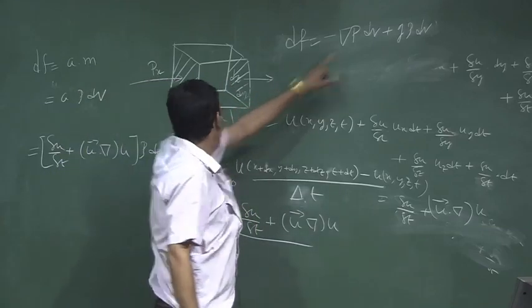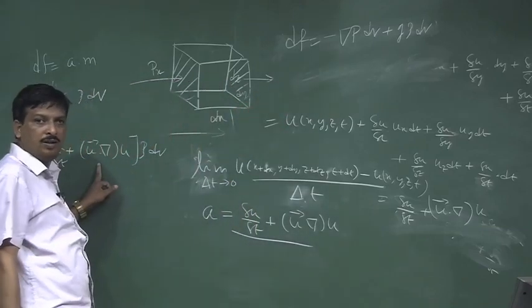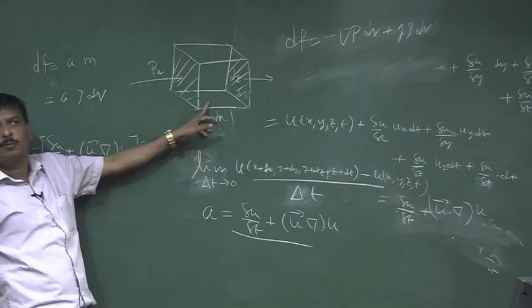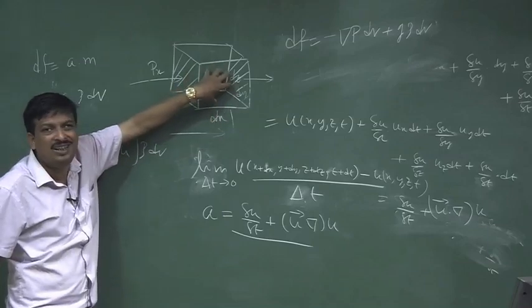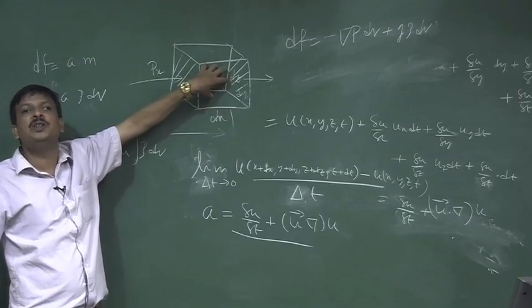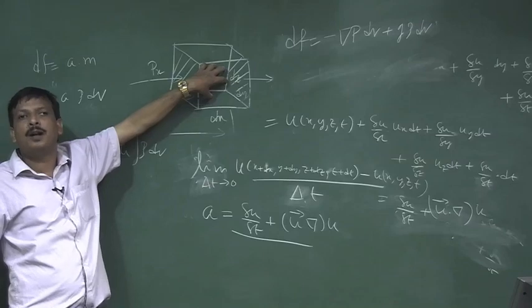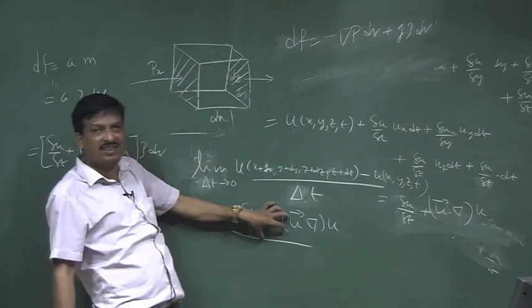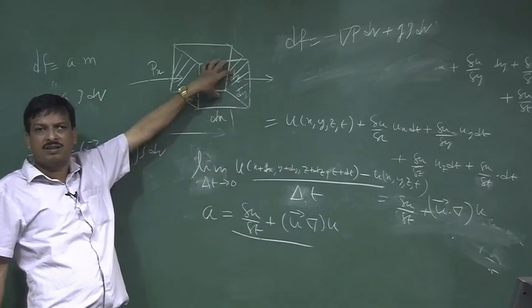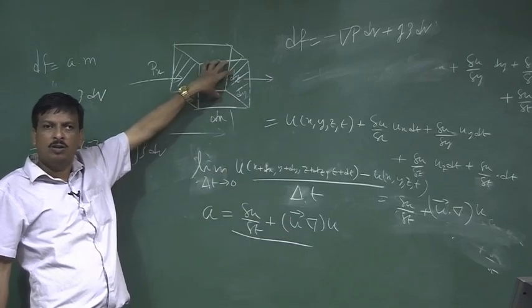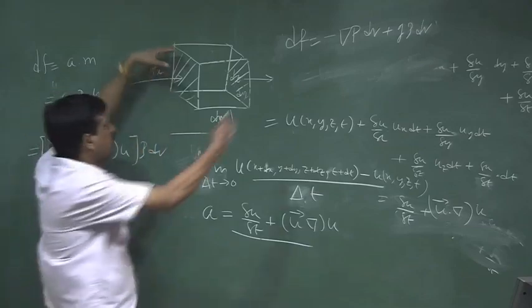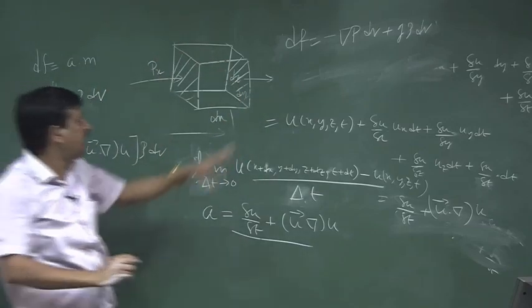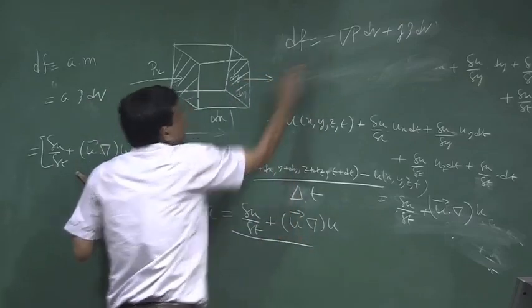So, this and this must be equal, because the difference of the force acting inside the volume is produced by the particle acceleration inside the volume. If the particle acceleration multiplied by the mass is equal to the total force, the total force is the force applied from all directions minus the force exiting in all directions. So, this and this must be equal.